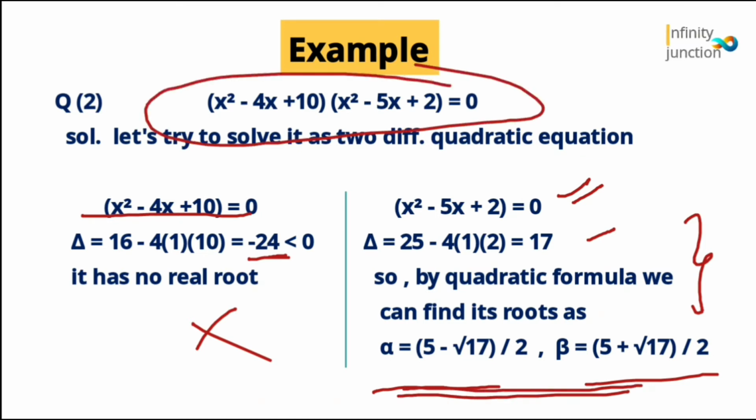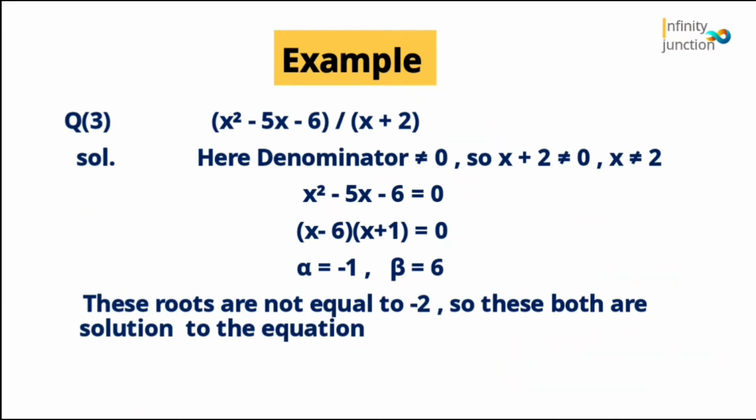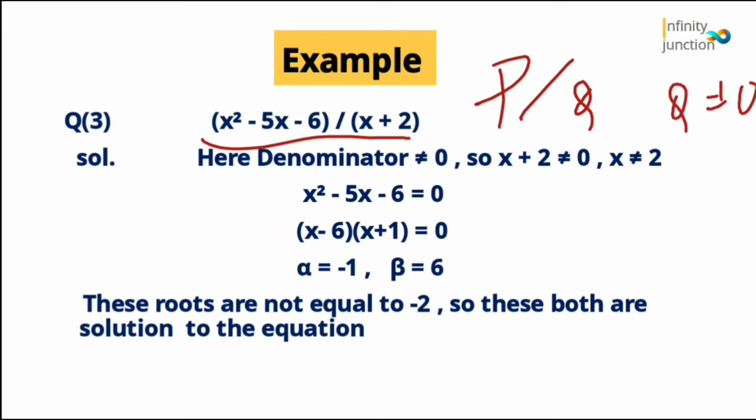Okay, now we will see another example. Here x square minus 5x minus 6 is divided by x plus 2. Now this is p by q form. So here q is not equal to 0 and p must be 0. So the denominator is not equal to 0.